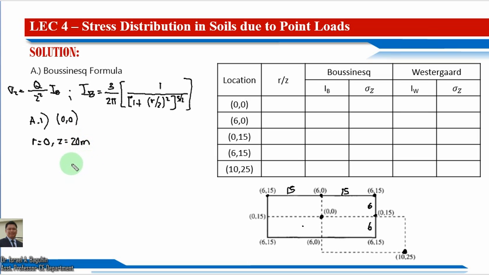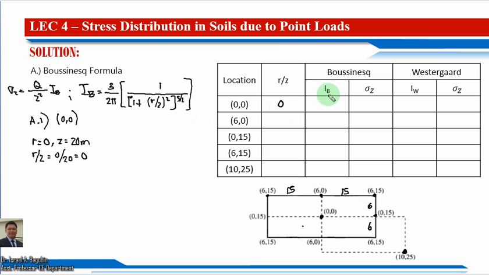So our r over z is just 0 over 20, which is equal to 0.